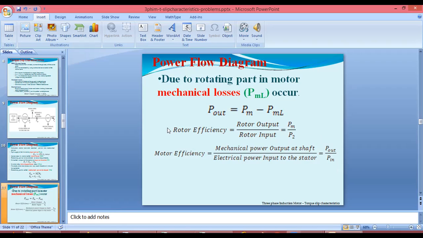When we are calculating rotor efficiency, you can talk about the rotor output and rotor input. But when we are supposed to find the efficiency of the motor, at that time you are supposed to understand that we take the input power that we are giving to the stator, and we will get the output power at the shaft, not at the rotor, not at the stator. We will get output power at the shaft.